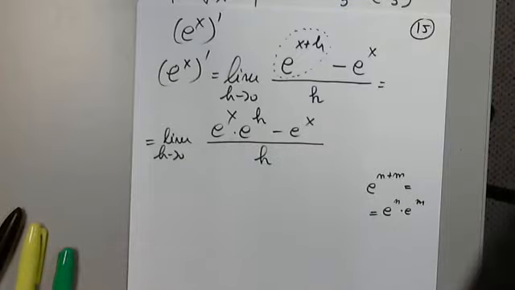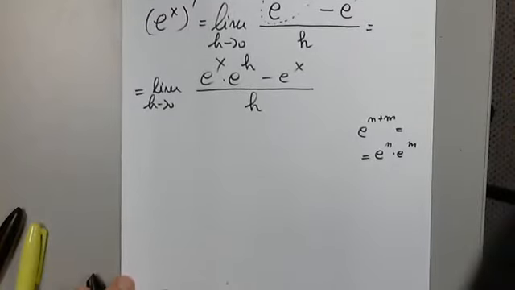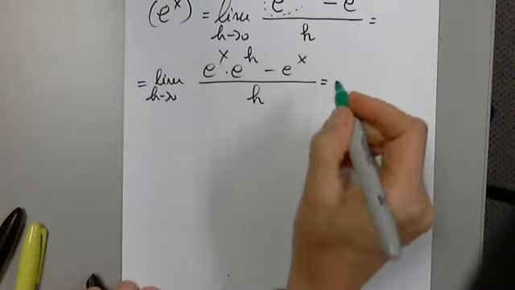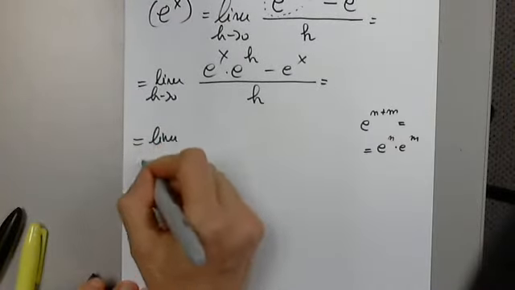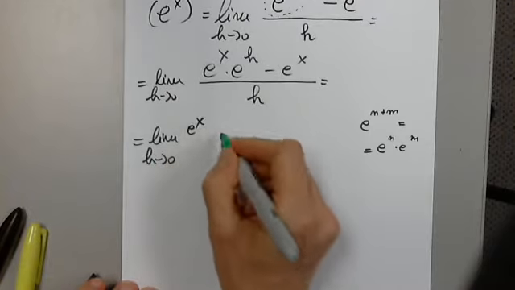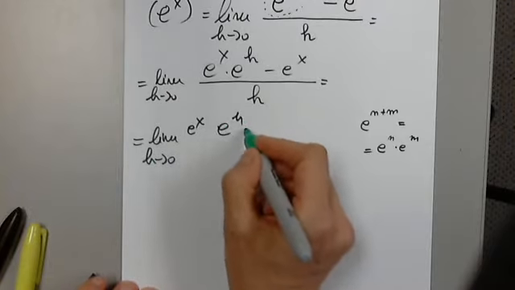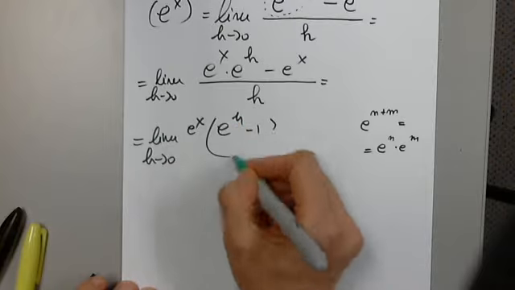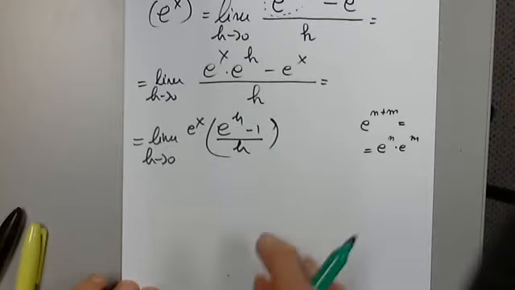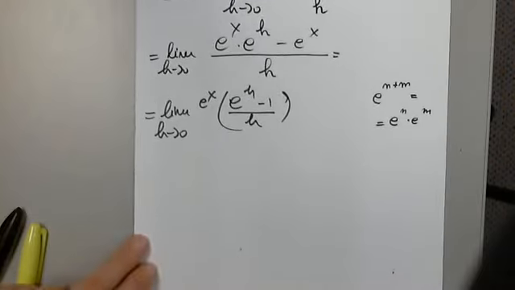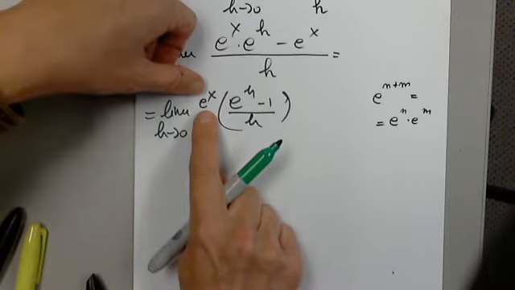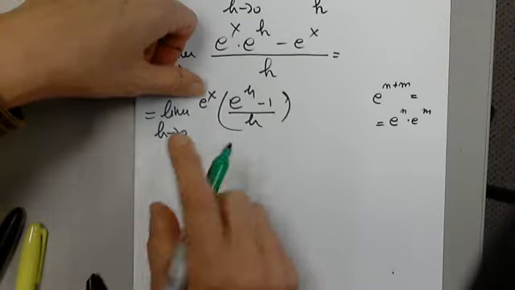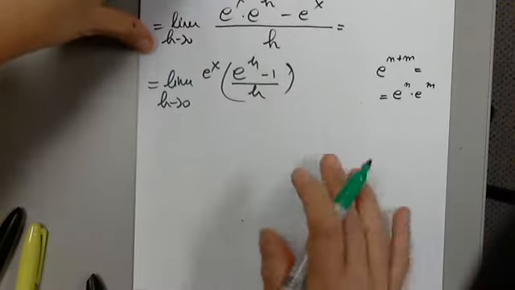Now look at the terms at the top and say you can what? Very good. I will factor out e to the x. And here's what I have left. This is a function that does not depend on h. It's like a constant. I'm going to put it in front.